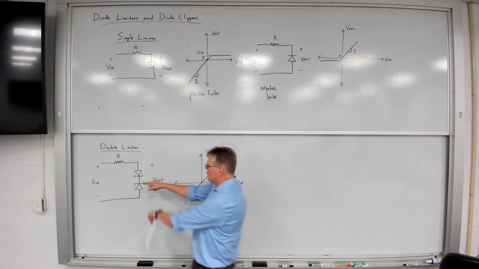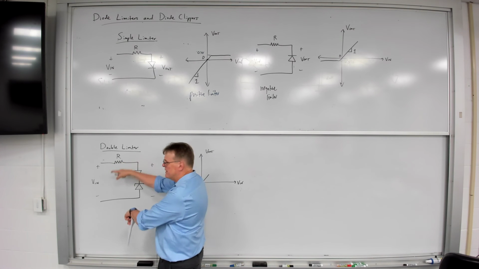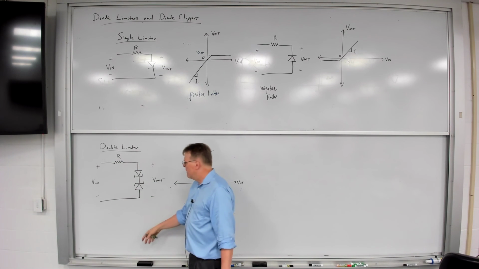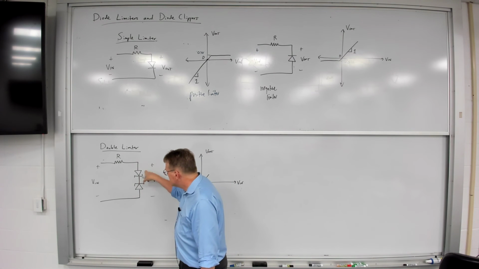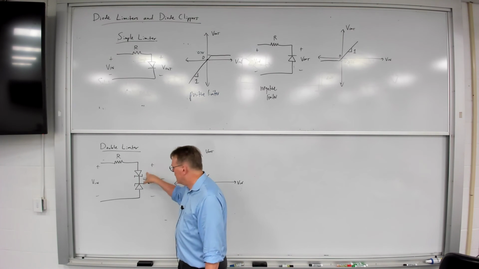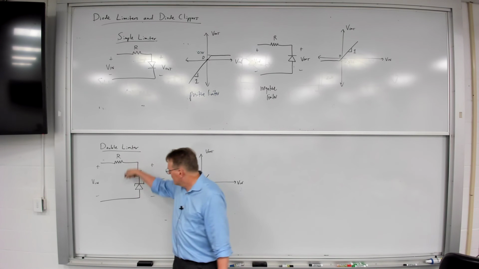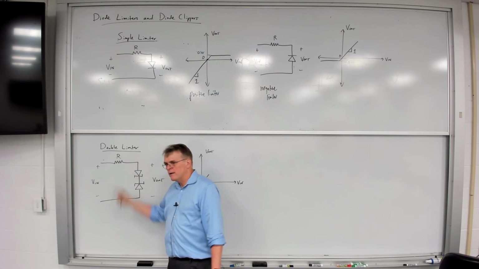But if I increase the magnitude of Vin, either positive enough or negative enough, it reaches a high enough voltage, and one of these diodes is going to go into breakdown while the other turns on. That way current can flow either this way or that way.